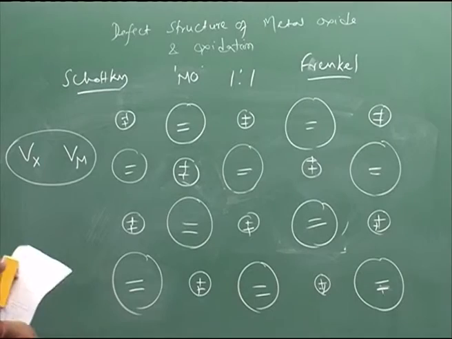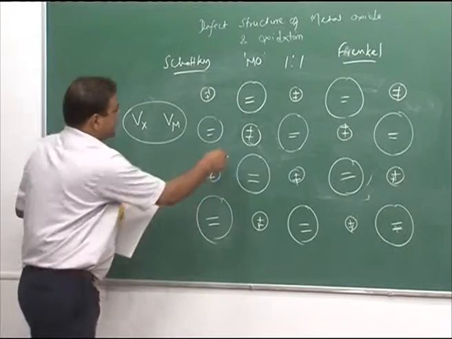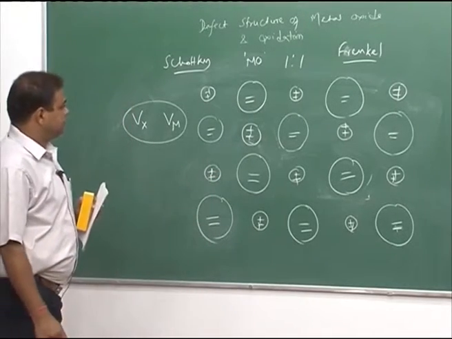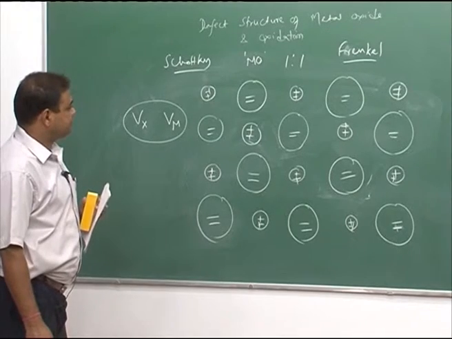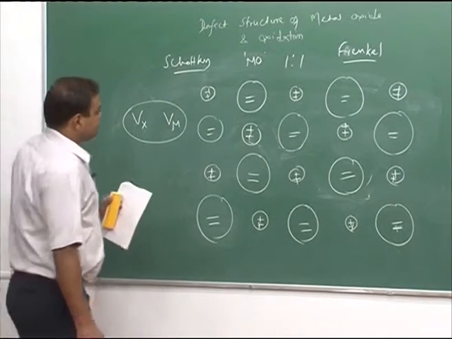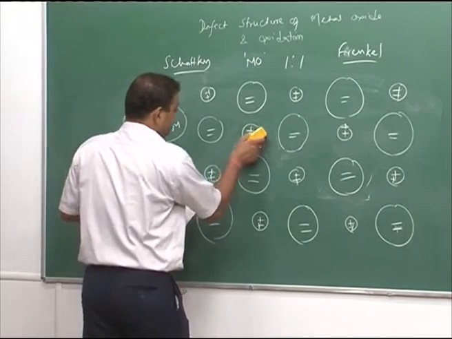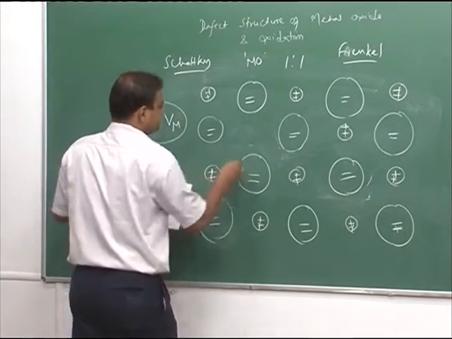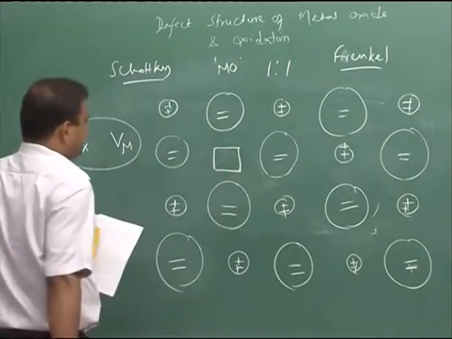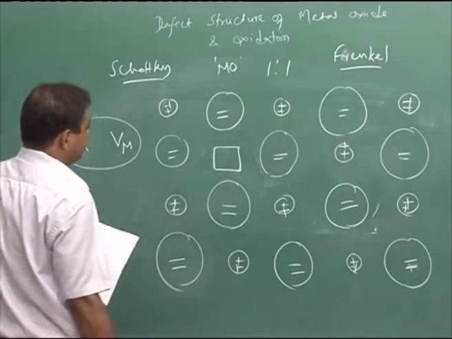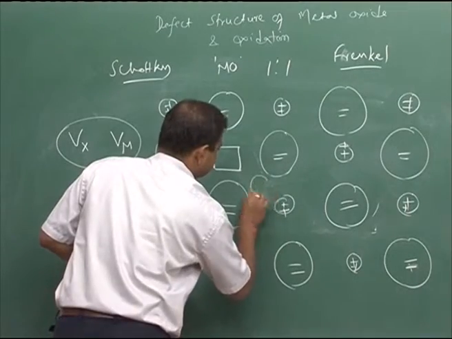In that case, since the cationic size is smaller than the anionic size, a vacancy is created here, and then that cation will come and sit in the interstices.